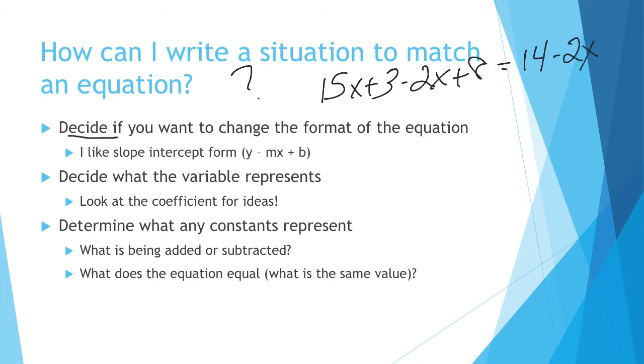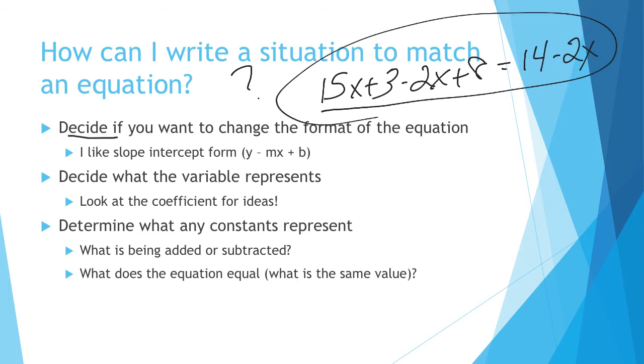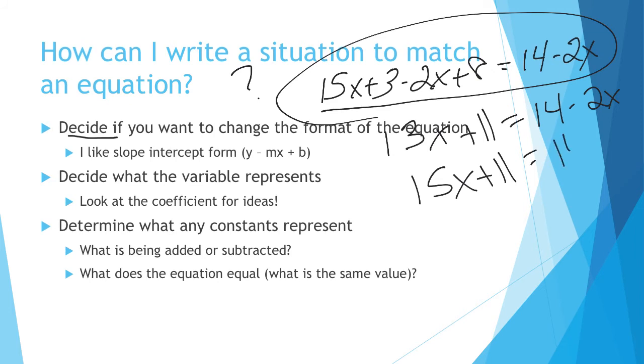Well, I may not like how that looks. So I may want to rewrite it. And we've talked about this. You know how to rewrite an equation in order to solve it. So maybe we start going ahead and simplifying. So I have 13x plus 11 equals 14 minus 2x. We add 2x, so it can be 15x plus 11 equals 14. That might be a little bit easier to write a situation for.